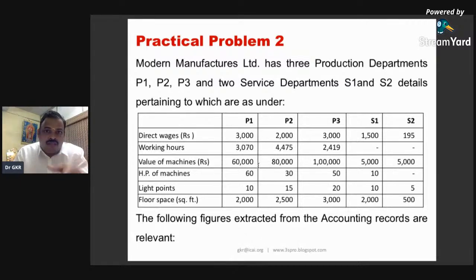You have Modern Manufacturers Limited with 3 production departments, P1, P2, P3, and 2 service departments, S1 and S2, pertaining to which are the following: direct wages, working hours, value of machine, horsepower, light points, floor space, etc. And they have given the figures, that is the expenses from the accounting records.